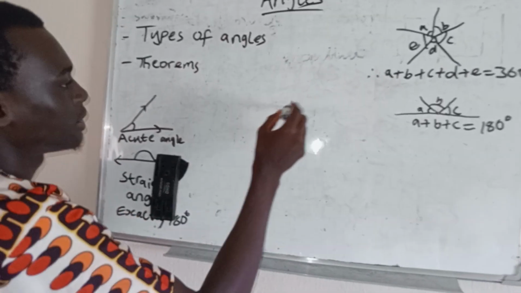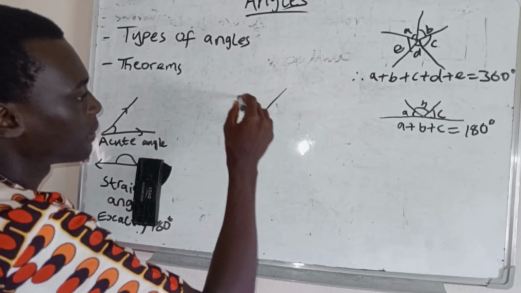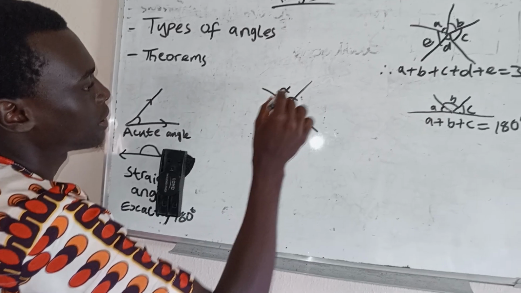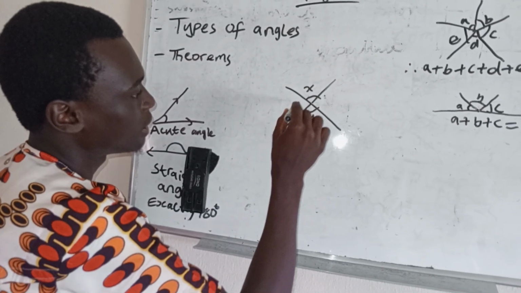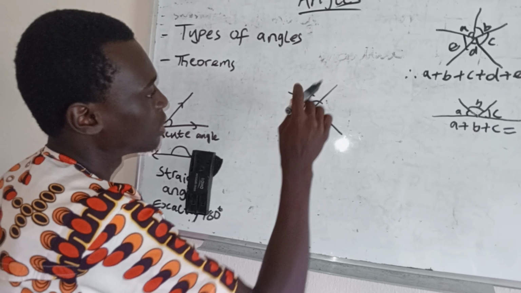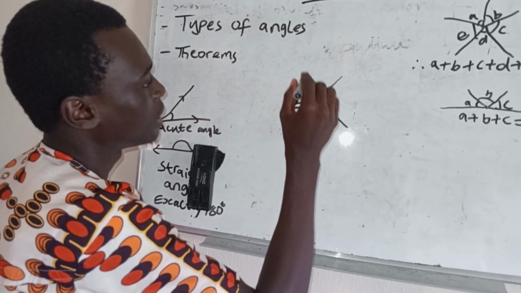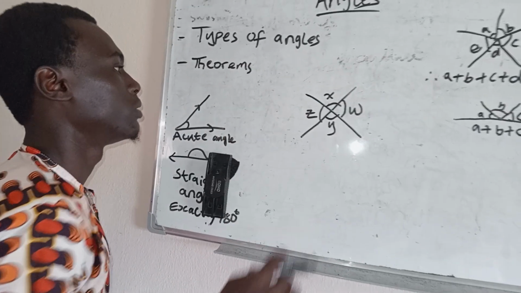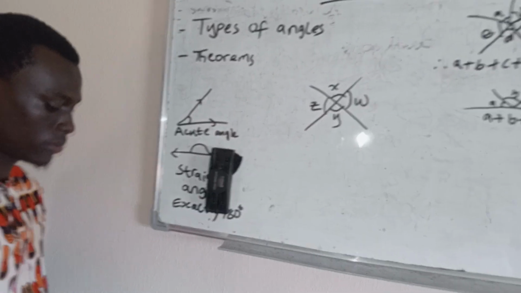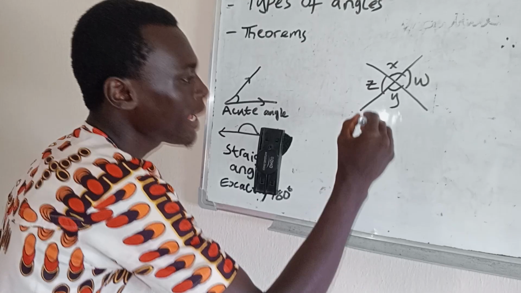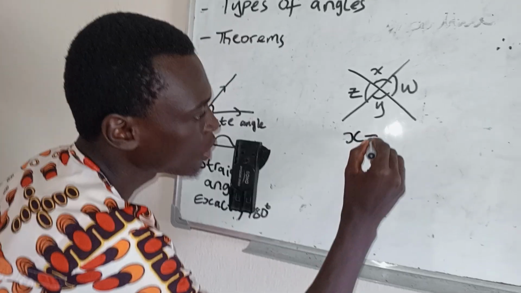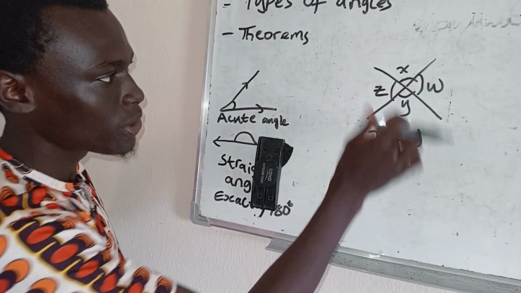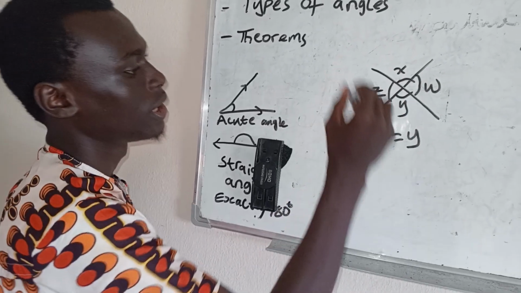We have something like this. This is X, Y, Z, and then W. Let me leave it this way. Now, angle X is equal to angle Y. Vertically opposite, they are opposite to each other.